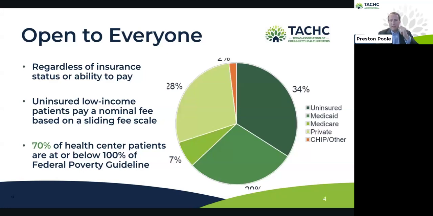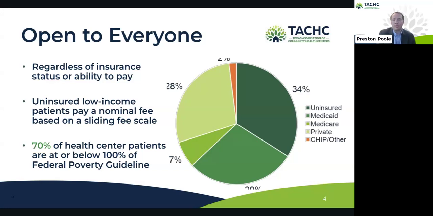So again, just to show you all a breakout of the types of patients that are seen. A third of patients are uninsured, but then 29% are Medicaid patients, and 28% are private insurance.